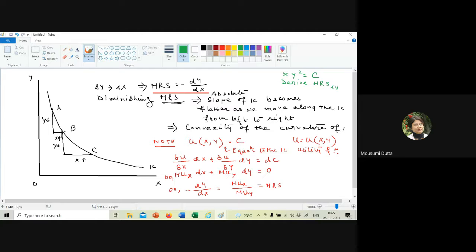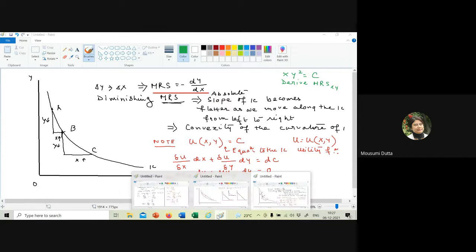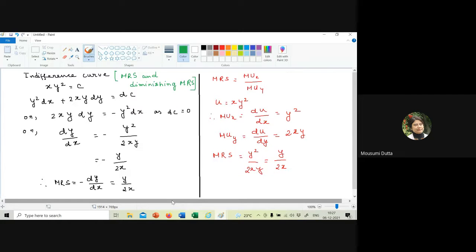So we get y² dx + 2xy dy = dc. From there, if we solve the equation, we get dy/dx = −y/2x.